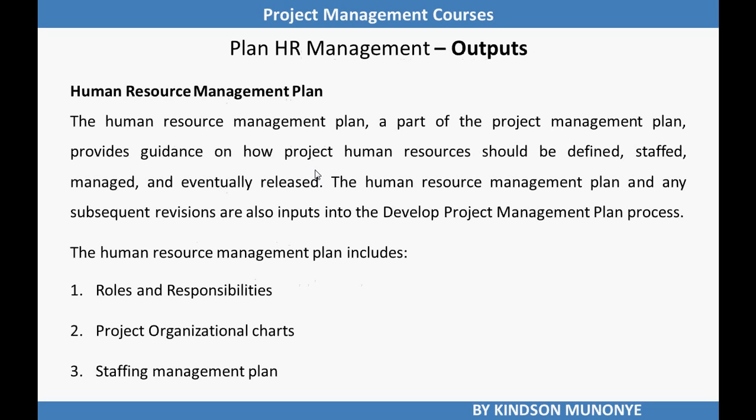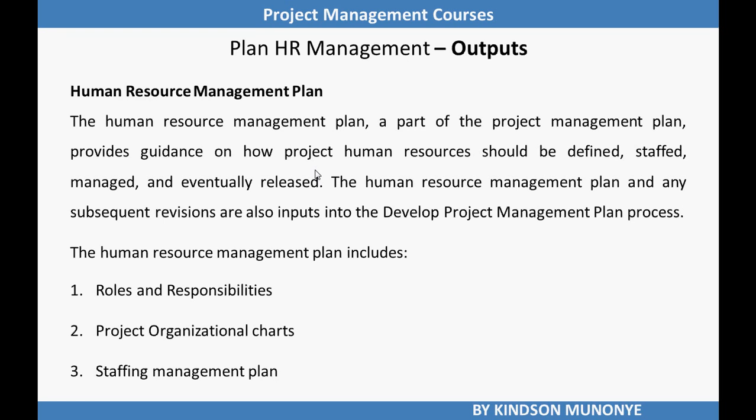The human resource management plan and any subsequent revisions are also inputs into the develop project management plan process. The plan includes roles and responsibilities, project organizational charts, and the staffing management plan.